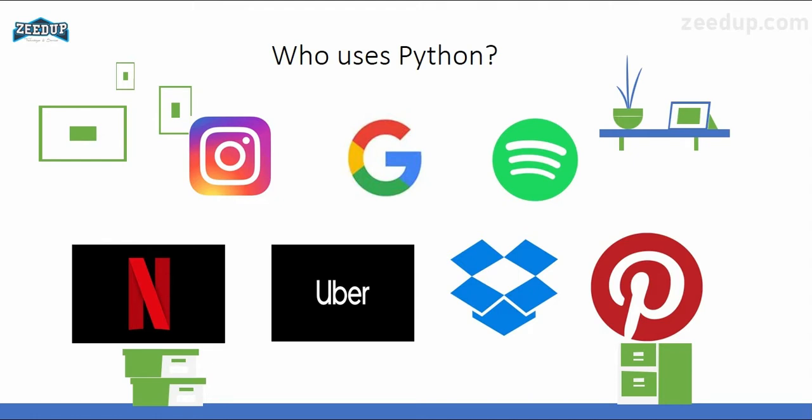We have a very few examples taken over here, but if you take a look, we have all the major websites such as Instagram, Google, Spotify, Netflix, Uber, Dropbox and Pinterest that use Python. And why do they use Python? Because of its different features that we have just listed, and one of the most important features is that it helps in designing the recommendation engine.